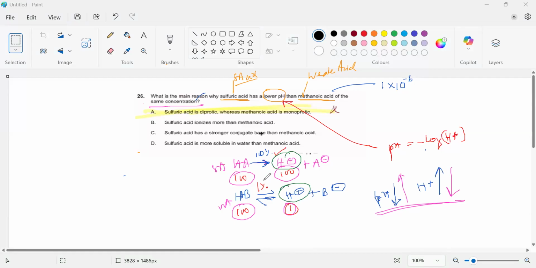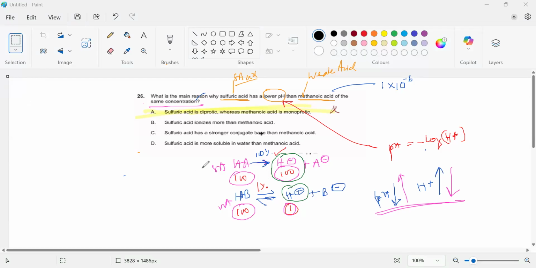You can write this down. Did you get my point? In a strong acid, we have a huge number of H plus ions roaming around, 100 times more than a weak acid. So thus, the pH will be much less.